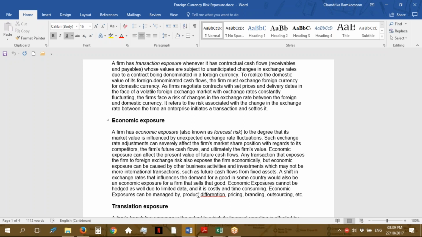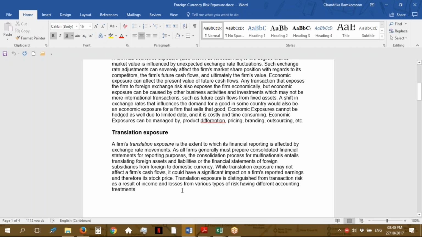Now, the third one is one that you will encounter in your accounts. A firm's translation exposure is the extent to which its financial reporting is affected by exchange rate movements. All firms generally must prepare consolidated financial statements. Well, when we say must, it means if they have to, meaning if they've got subsidiaries and whatnot.